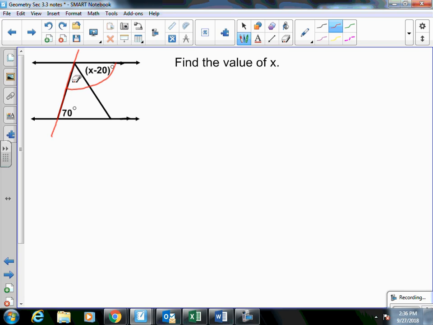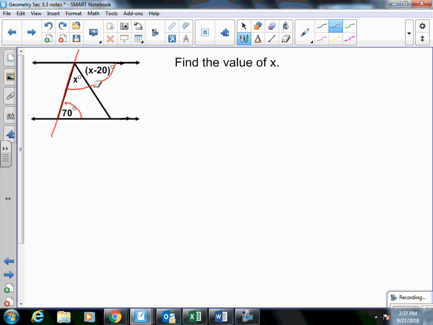And the 70-degree angle with that angle, these would be on the same side on the interior of the two lines. So these would be same side interior or consecutive interior angles. And what do we know about consecutive interior angles from the consecutive interior angles theorem? It's not congruent. It's the one oddball of the group.